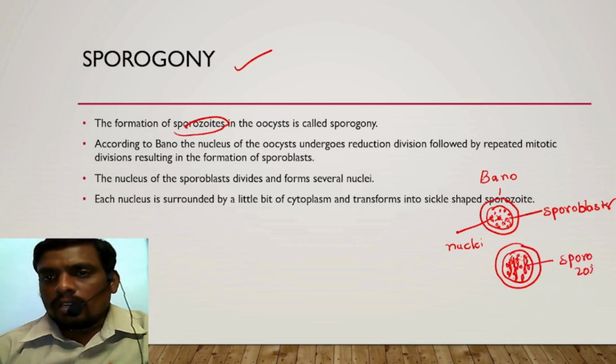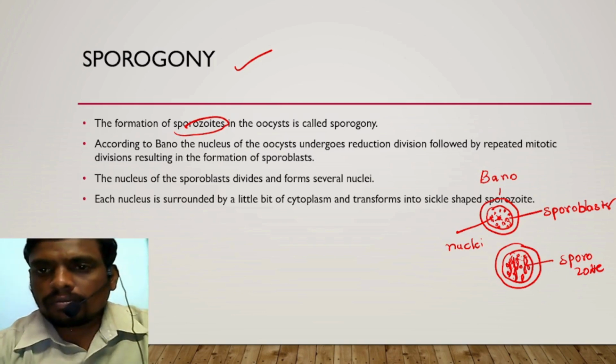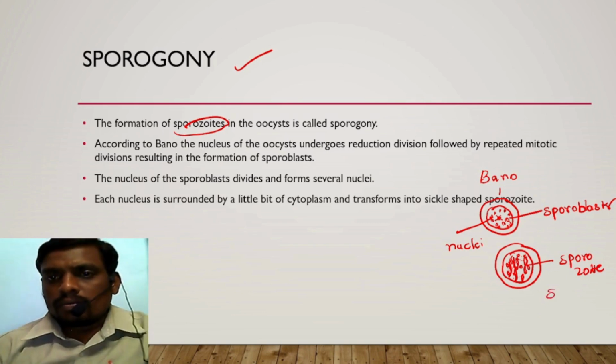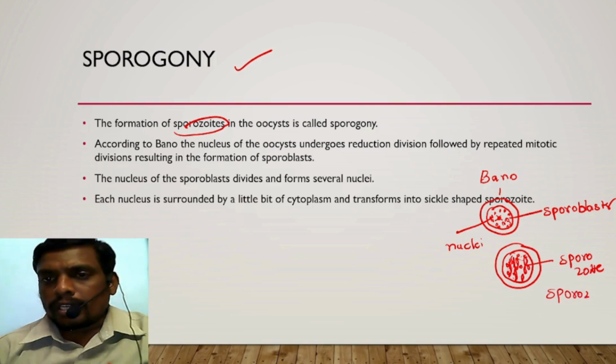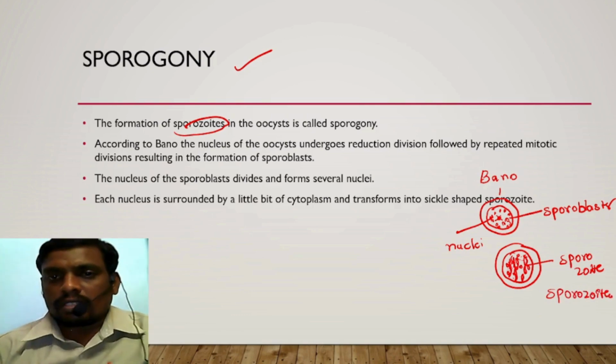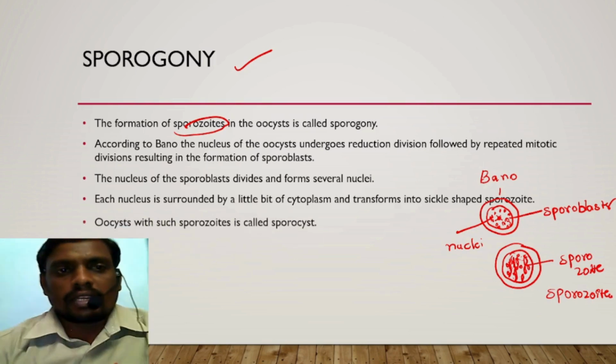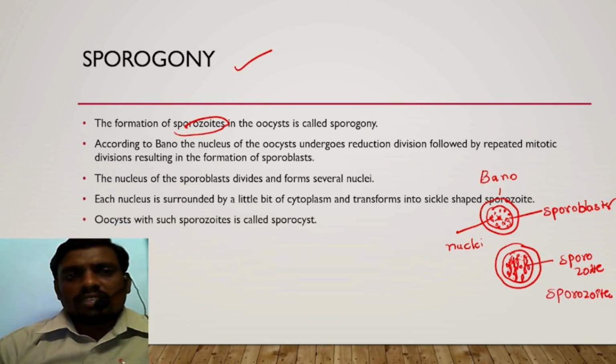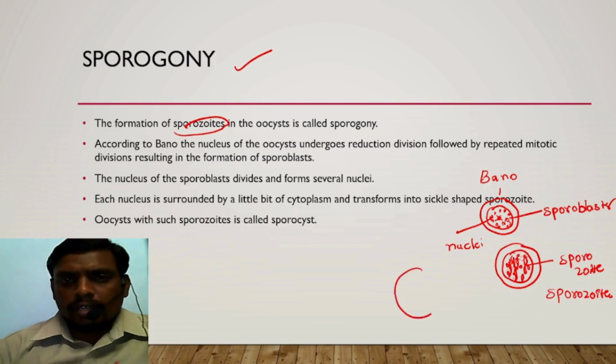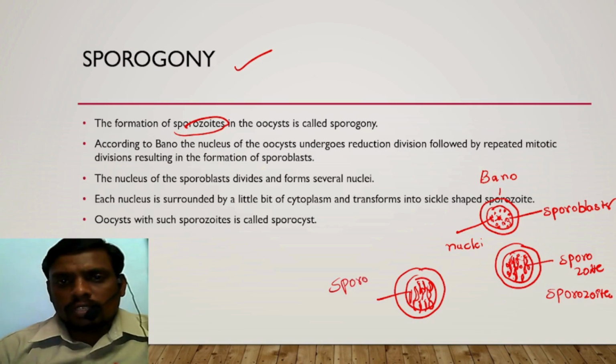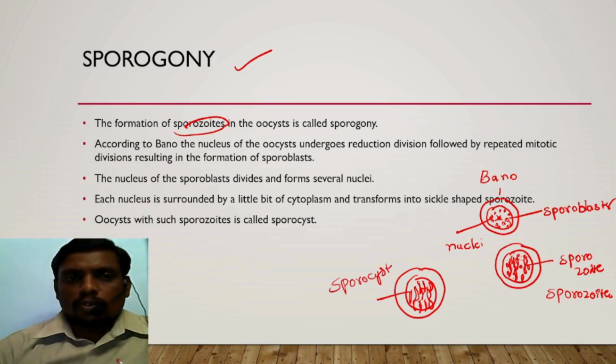This sporozoite is the infective structure in this life cycle. Oocyst with such sickle shaped sporozoites is nothing but a sporocyst.